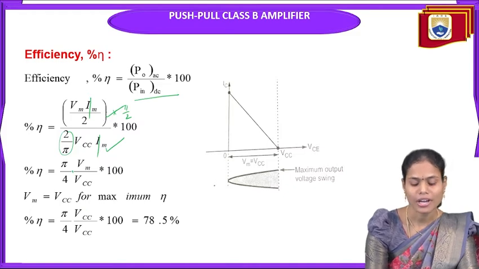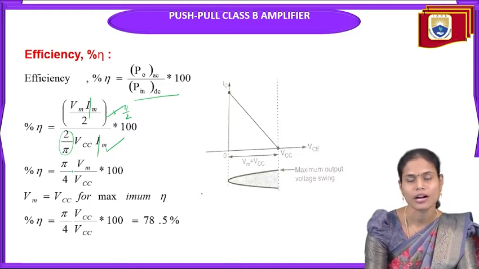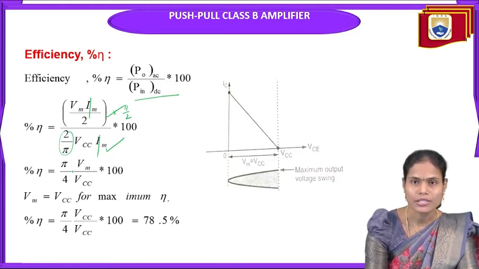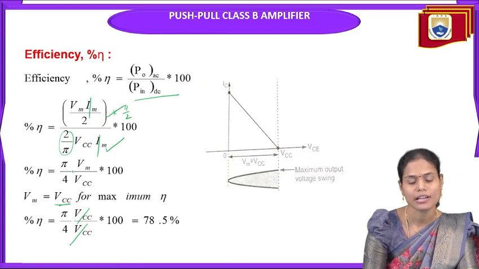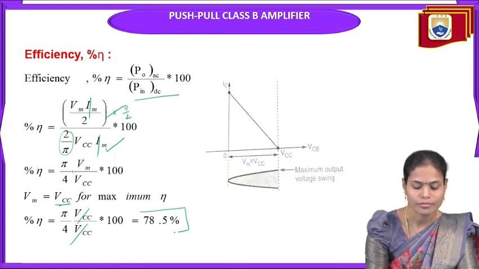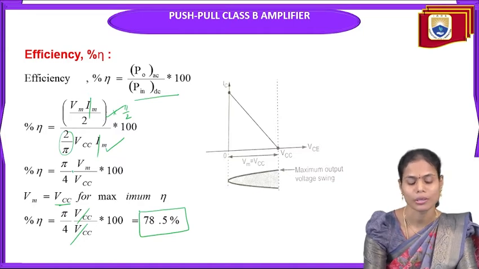Here Vm value is VCC, the DC voltage we are applying. To get the maximum efficiency, we have to take the maximum value, that is VCC. So in the place of Vm, I am substituting VCC. If we keep it that way, these two terms will get cancelled, and pi by 4 into 100, we will get 78.5%.